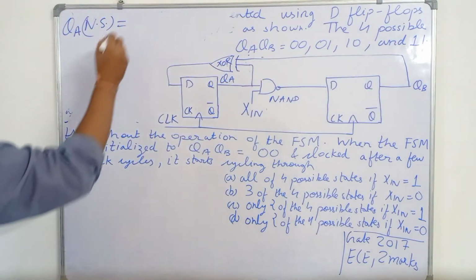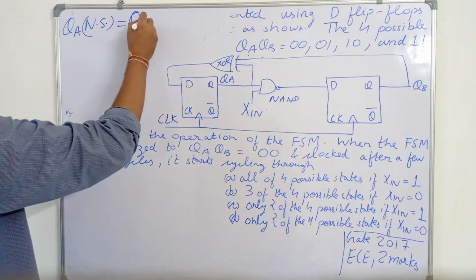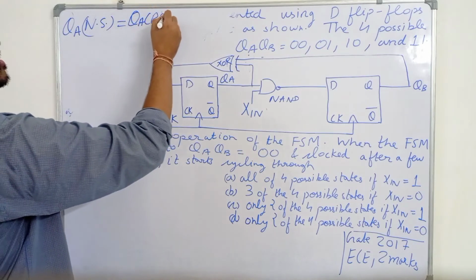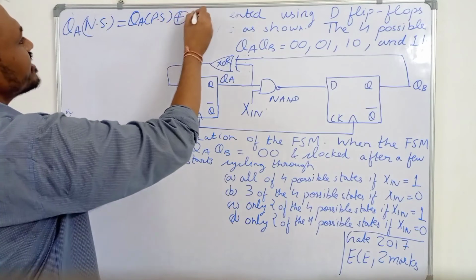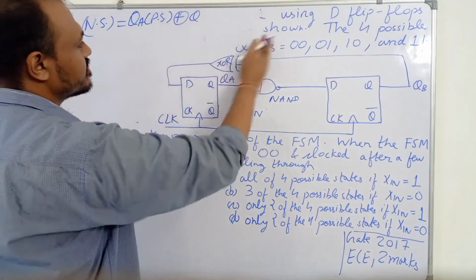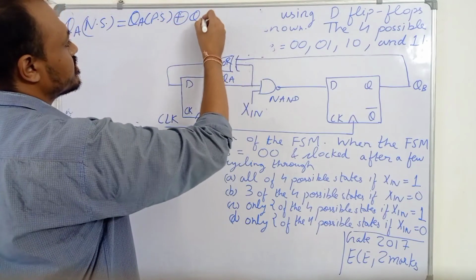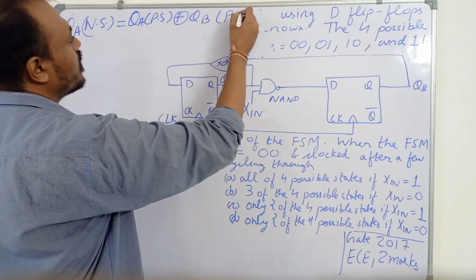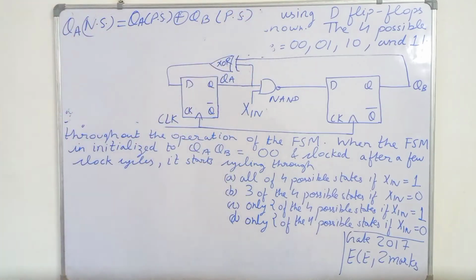So QA next state is equal to QA present state XOR with QB present state. This is the first equation, where PS is the present state and NS is the next state.